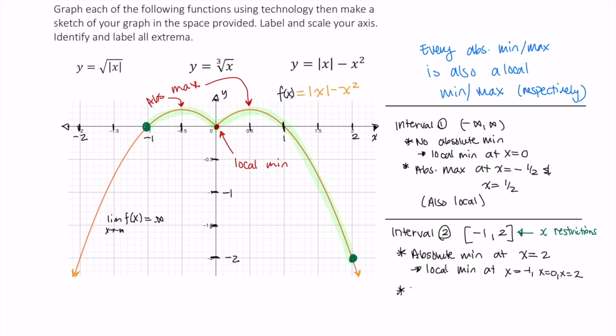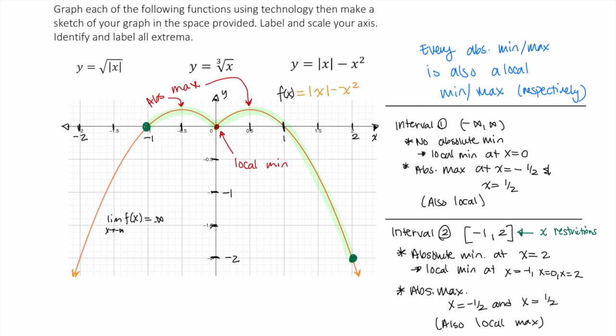What about absolute max? Those are still the same at x equals 1/2 and x equals -1/2. These are also local maximums.